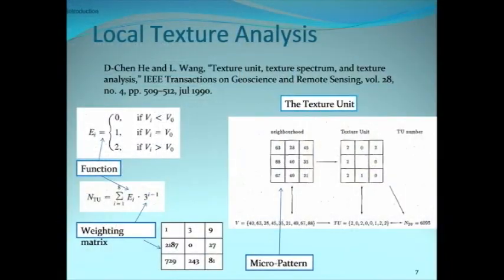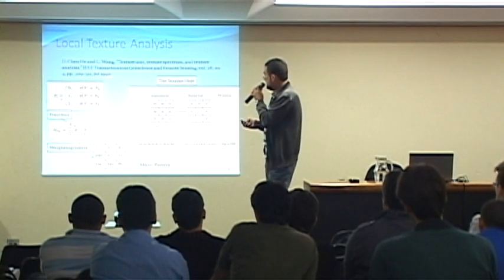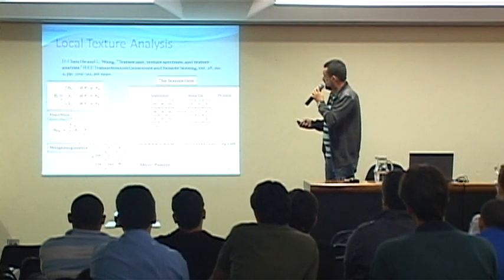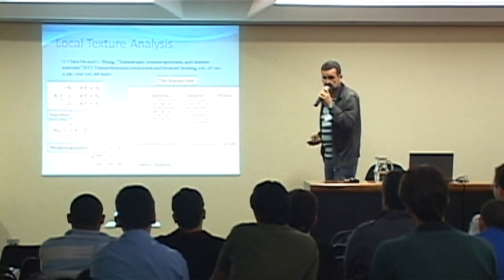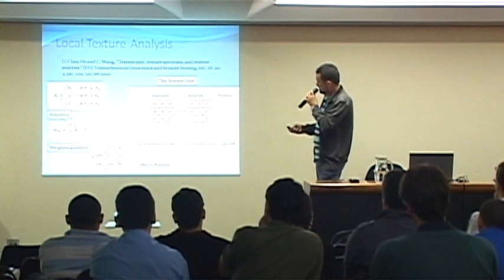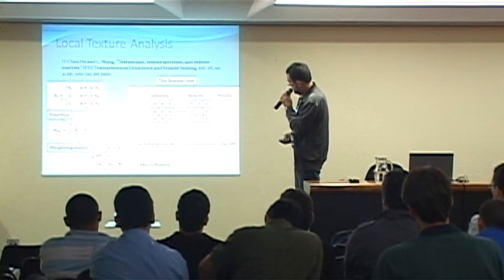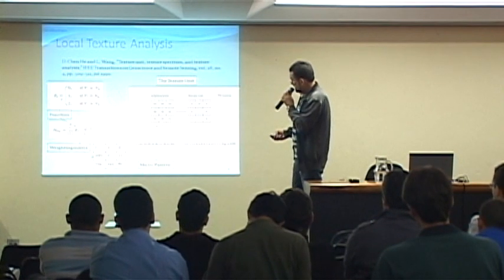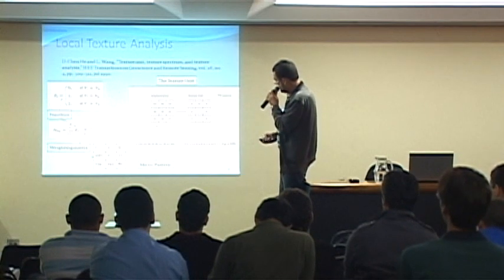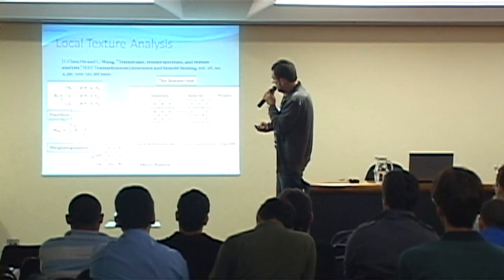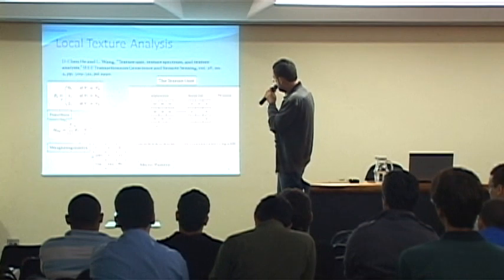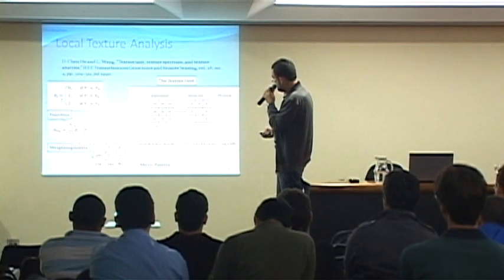For local texture analysis, He and Wang published a work in 1990 called the texture unit. They evaluated the neighborhood of a pixel as a micropattern, using a weighting matrix based on a power of 3, and a function that compares the value of the central pixel with the pixels of the region.